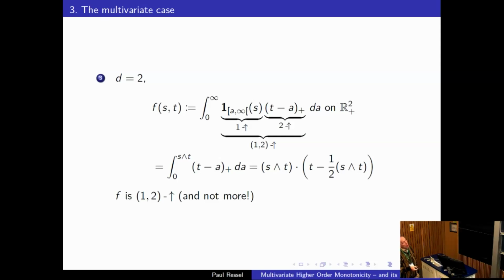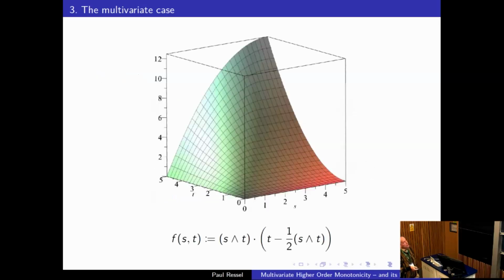And if I mix this, all these definitions are stable under a convex cone, so to speak. So the whole result is also (1,2)-increasing. And if you make the calculation, it's the minimum of s and t, multiplied with t minus half the minimum. So it is (1,2)-increasing and not more. And in this case, I also have a picture made by Maple.